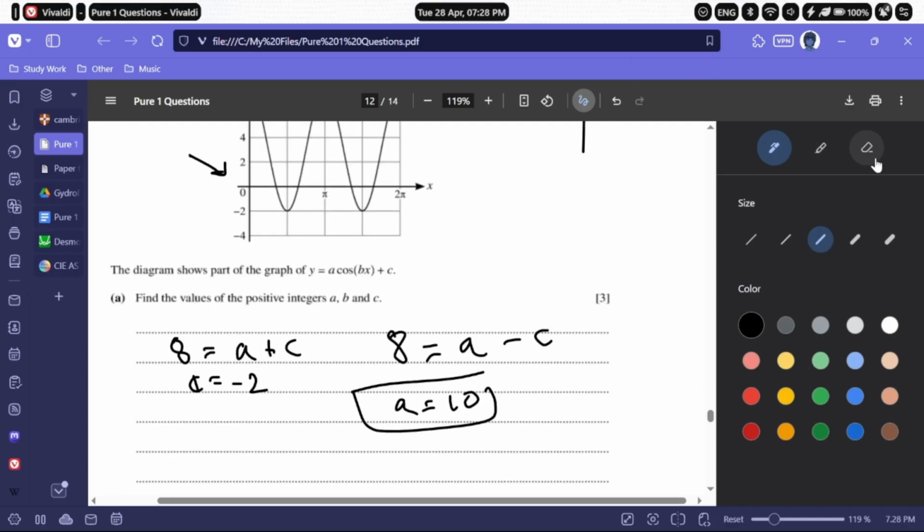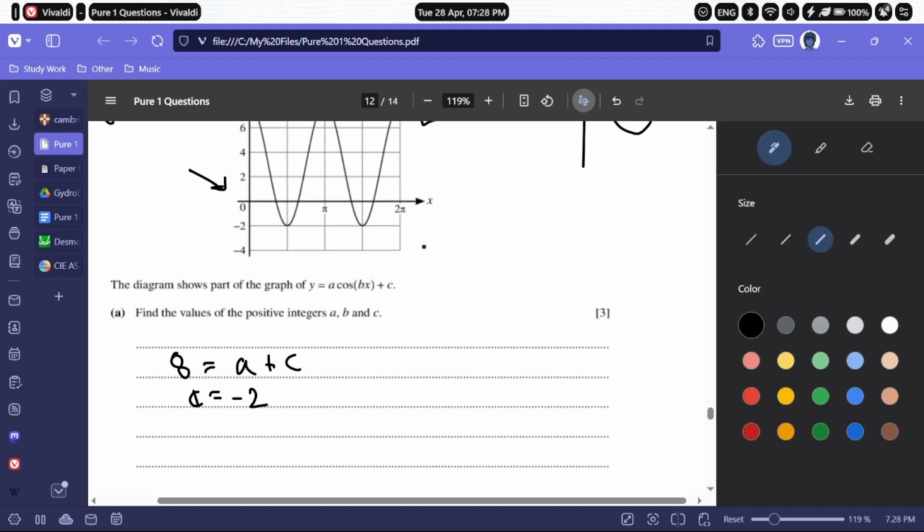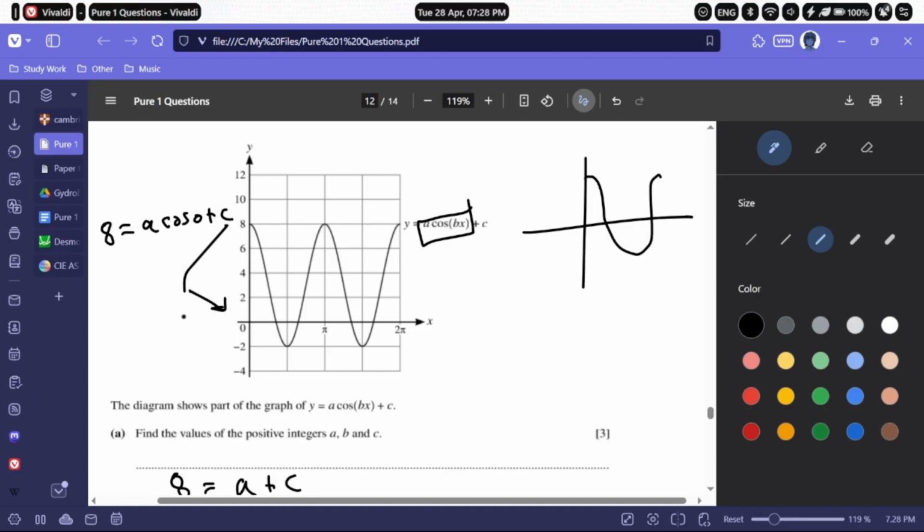I'll just use the amplitude logic. Amplitude would be half of this thing over here, and this is 10 units long. So half of that would just be 5. So your amplitude is just 5 in this case. I think I messed up in some other logic.